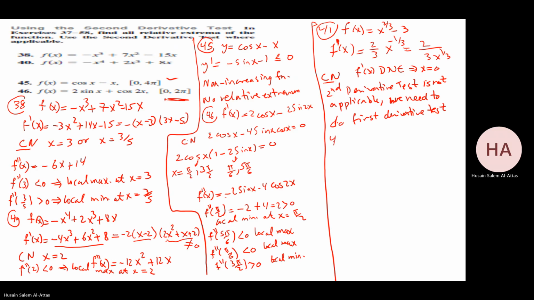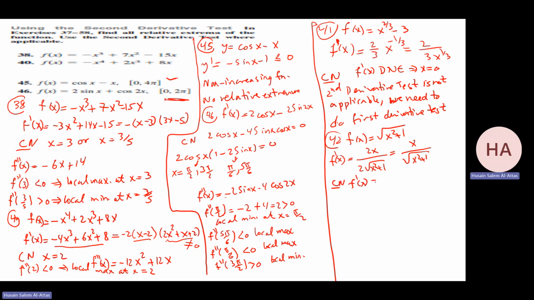Okay. 41, 42. F of x square root x squared plus 1. I want to do this. What will be f prime? If we do the calculation, that will be 2. Here I have 2x. So it will be x over this. Where I have critical number coming from f prime equal to 0.